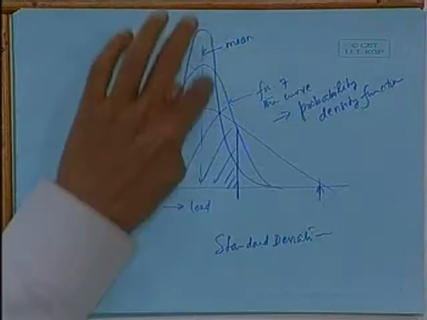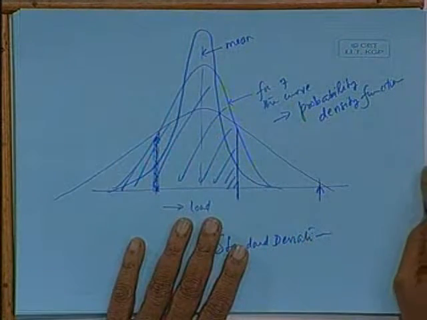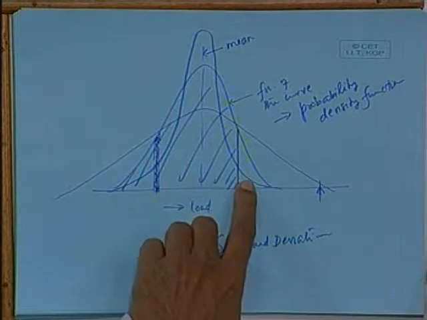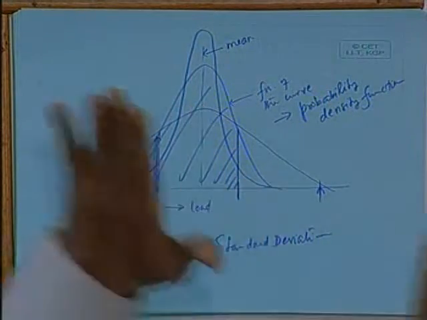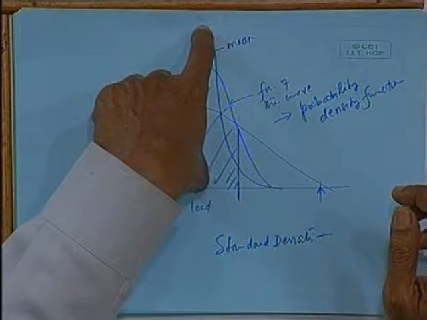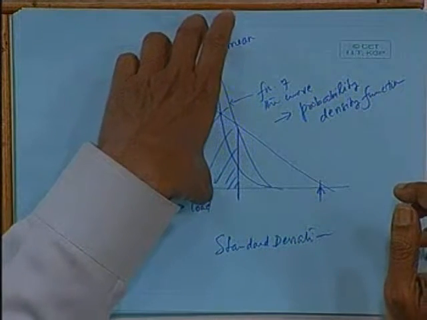What is the difference between these 3 curves in the physical sense? If I take the mean as the same in 3 cases, in one case the standard deviation is small. That means the curve is peaked, so a large number of samples will have a value near the mean.